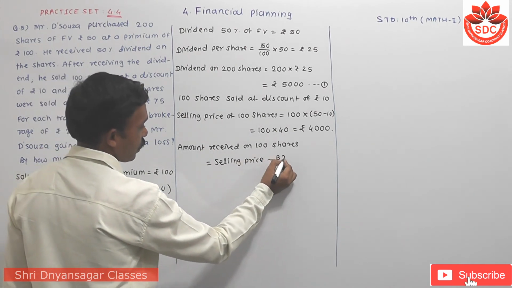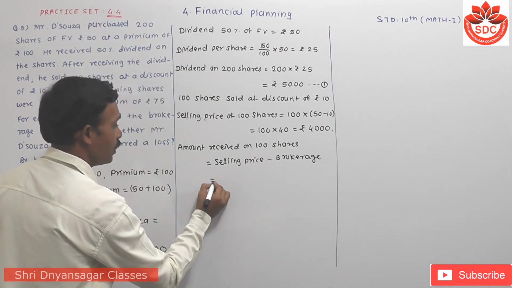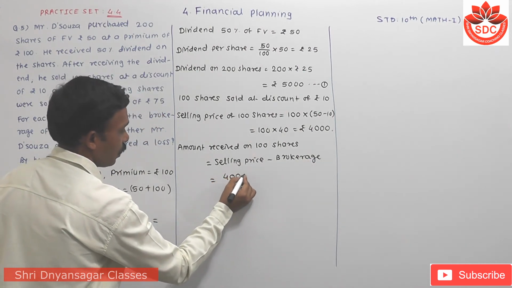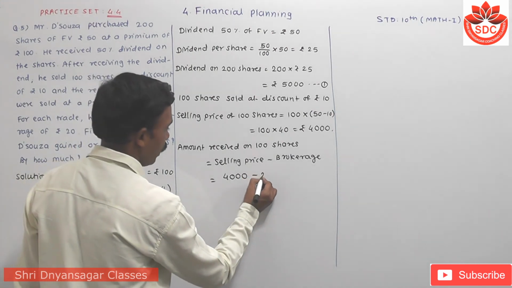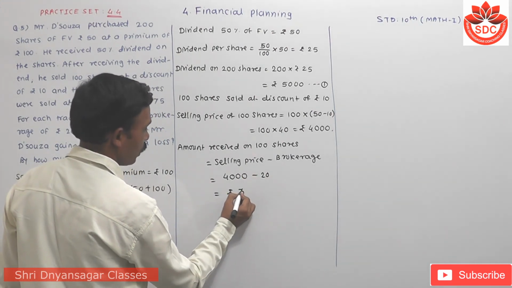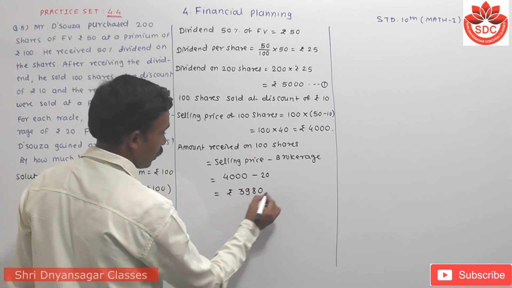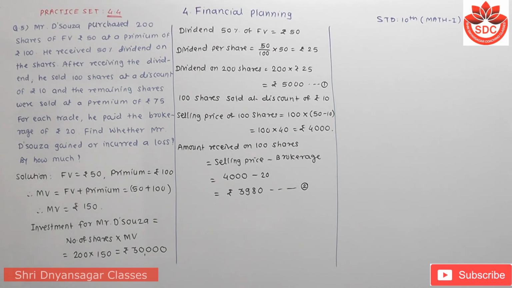Here the selling price is how much? 4,000. Now student, at that time he pays brokerage on every trade sold, and the brokerage paid is 20 rupees, so you have to subtract this 20. This subtraction gives 3,980 rupees. Suppose this is also an amount received, so that is equation second.